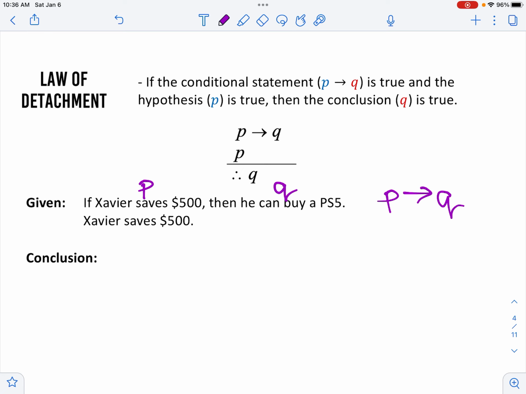And then the second part should be the P. Is this the same as this? Yes. So that is my P. So then we can say that the Q has to be true. So therefore Q. So the Q is Xavier could buy then a PlayStation 5. So that should be our conclusion. Okay, this is called the law of detachment. And we're going to just see if you understand how this works.